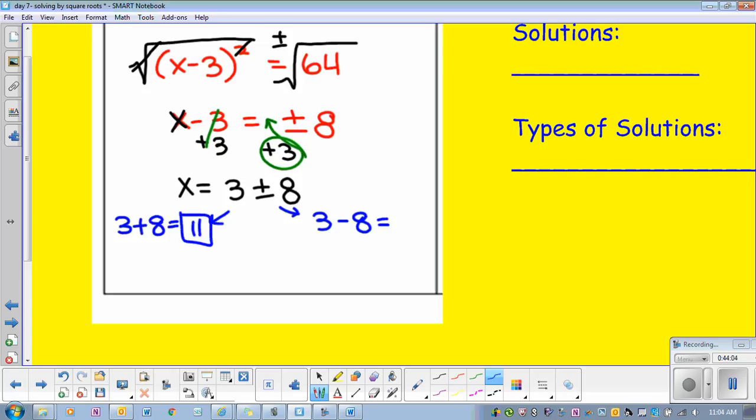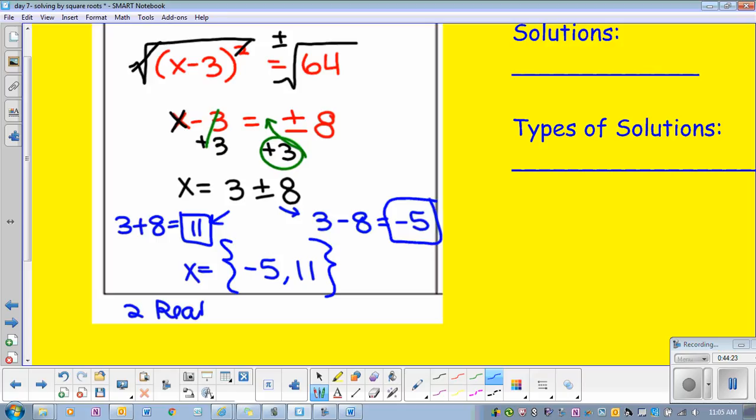And what's 3 minus 8? Negative 5. So x equals negative 5 and 11. So this is two real solutions. Questions about this? Guys, if you stop here at 3 plus or minus 8, it's not right.